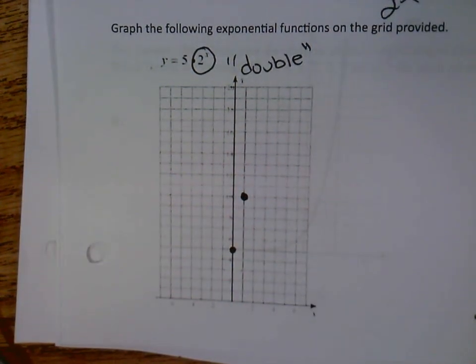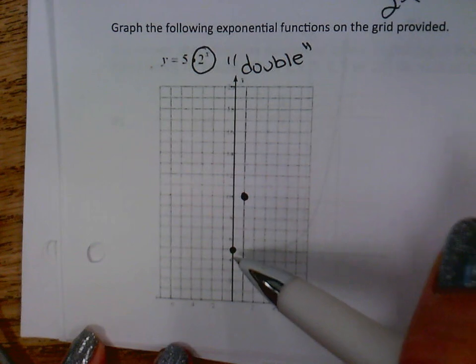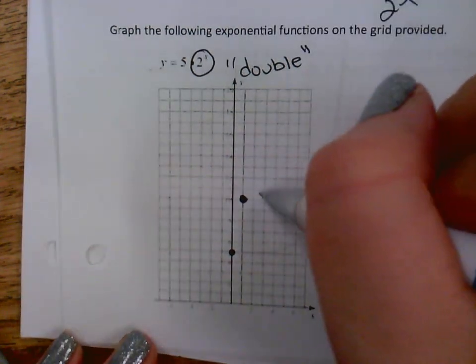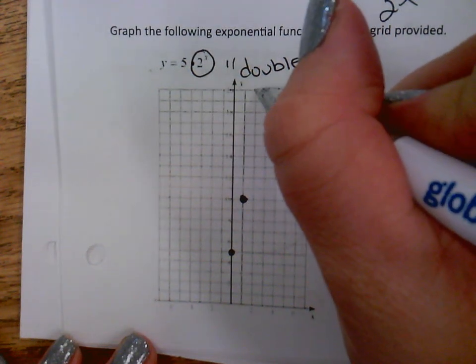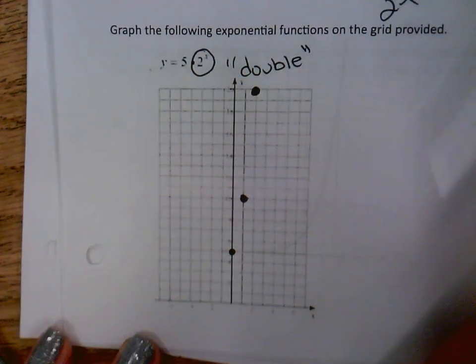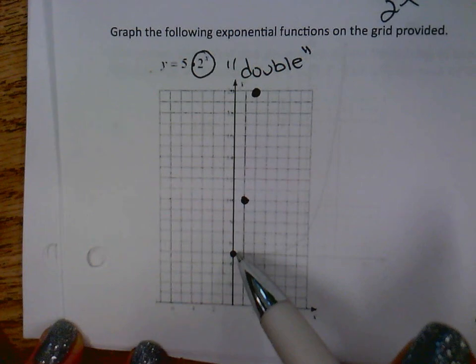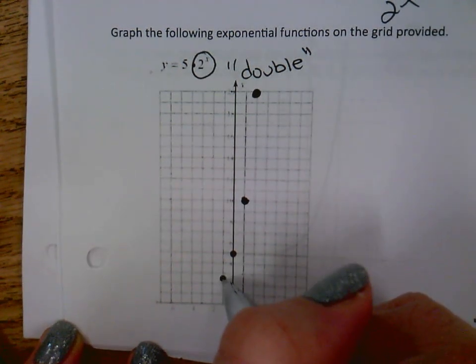So what is 5 times 2? 10. What's 10 times 2? I can't read where 20 is. I think it's the very top, isn't it? All right. What if I wanted to go to the left side? If I double it to the right, how do I go to the left? Not negative. I'm doubling, so I'm going to divide by 2 to go to the left. If I'm at 5, what's half of 5? 2.5. What's half of 2.5?